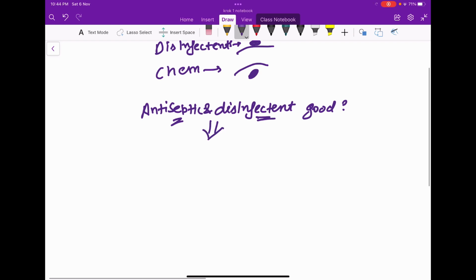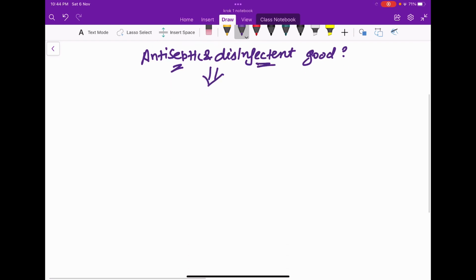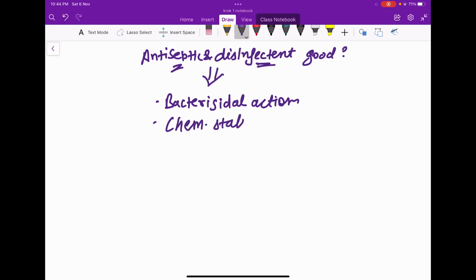First of all, it must have bactericidal action. Thereafter, it must be chemically stable. Thereafter, it must be of rapid action.